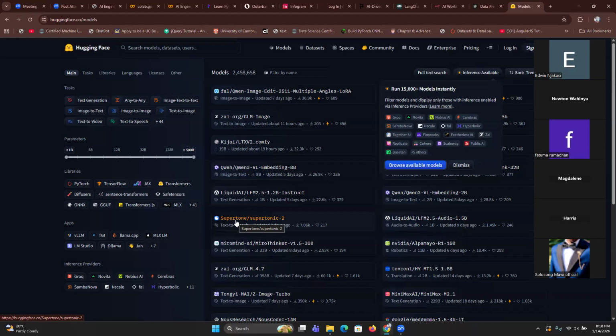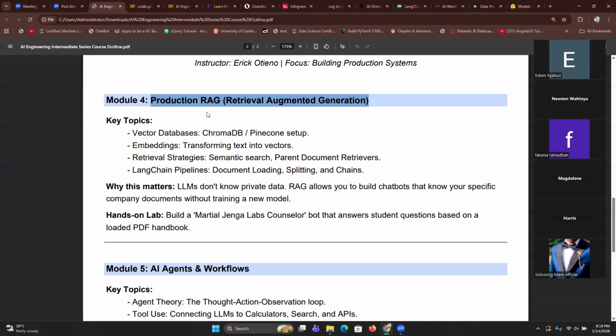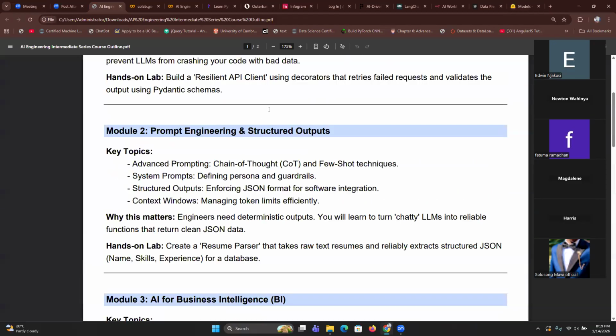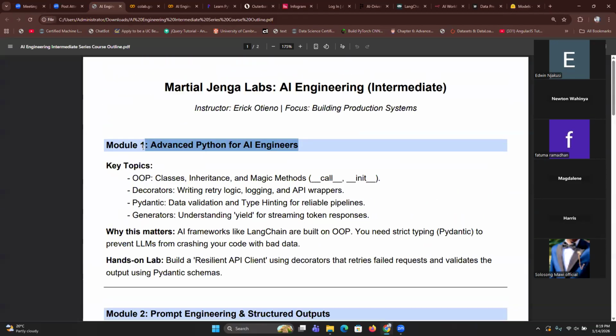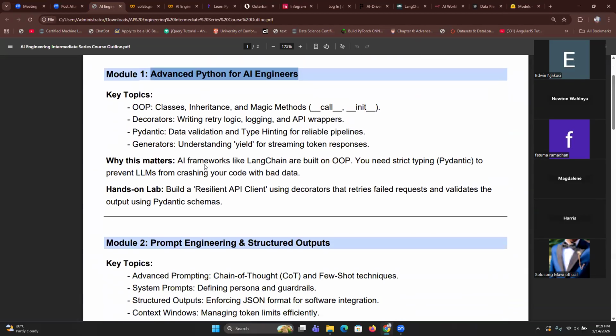So something else I needed to communicate was physical classes. I think this was an issue with some of the students. We are planning to have physical classes starting from week 2. After we've completed our Python, I think Python we can do virtually.